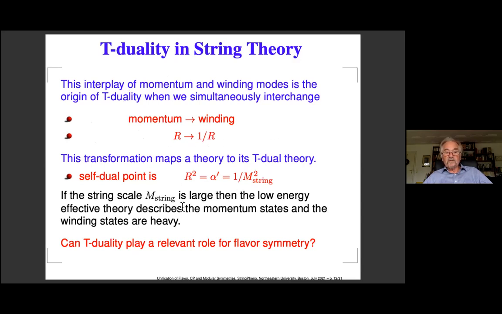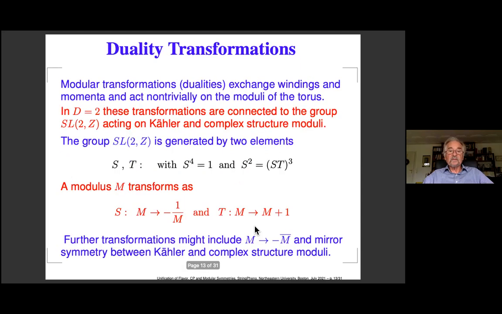Now, of course, when the string scale is large, the low energy effective theory is just described by momentum states, and winding states are heavy. So one could ask the question, can T-duality play a relevant role for flavor symmetry? And in fact, you will see, yes, it can. And that goes through the modular discrete symmetries which exist in the theory.